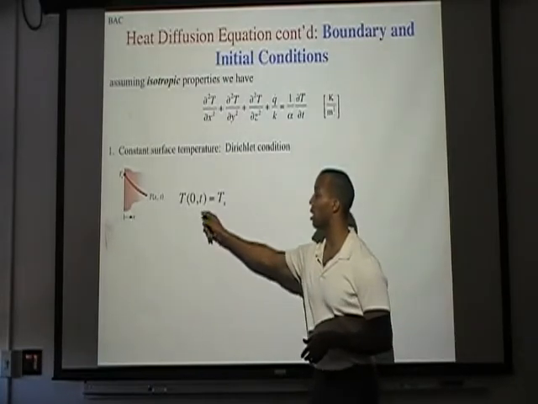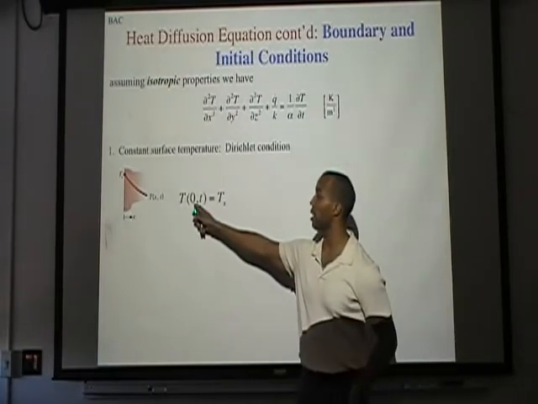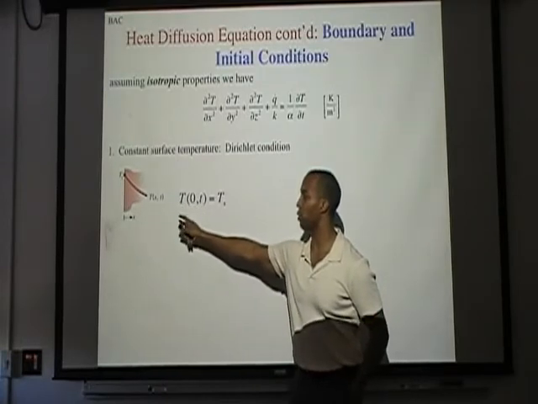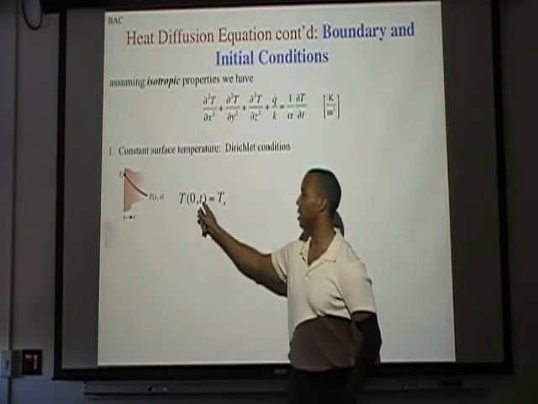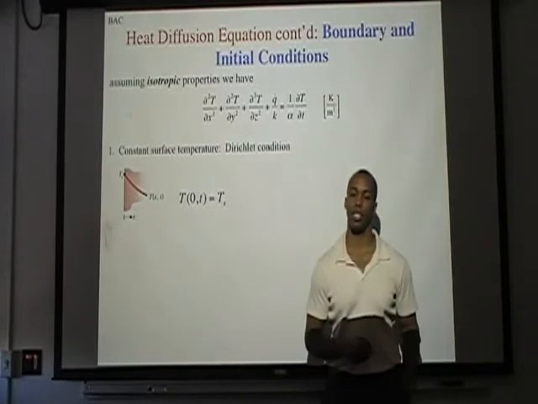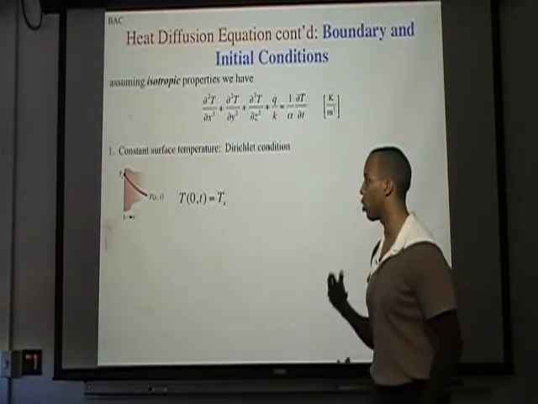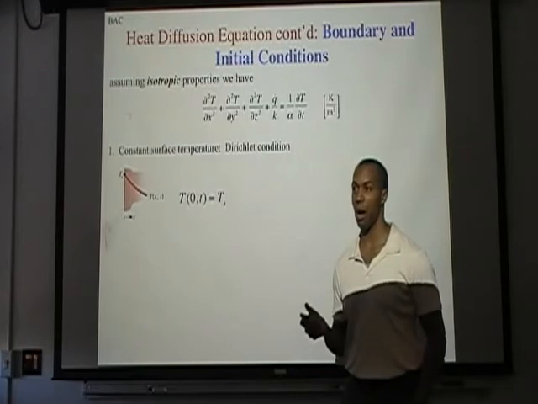Basically, that looks like this mathematically: at position x equals 0 on the surface, and for any time, we have a fixed temperature T sub s. And I should note here, we're now moving to the boundaries of our problem.